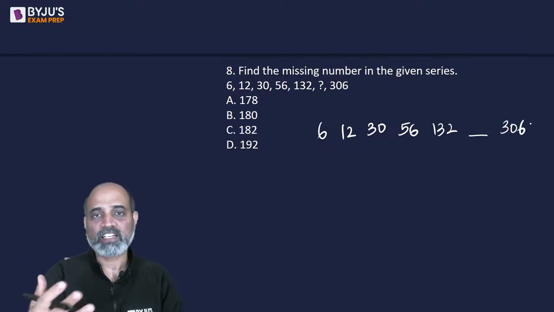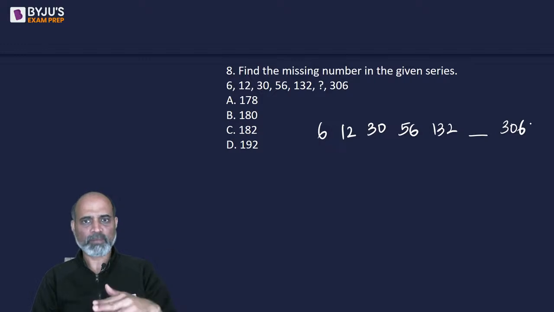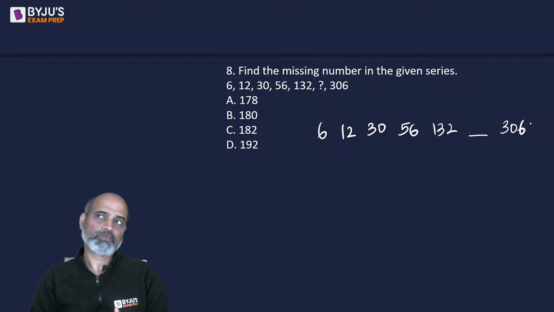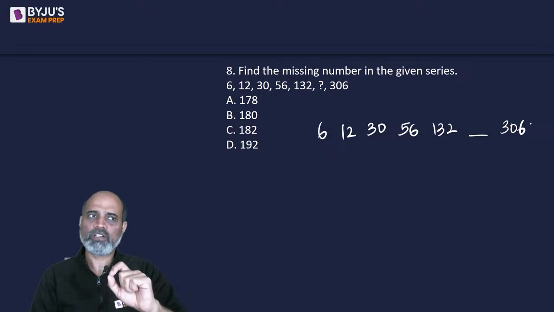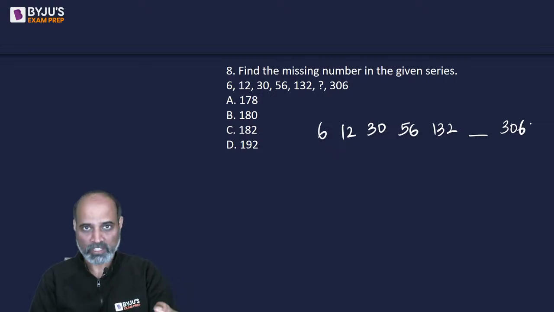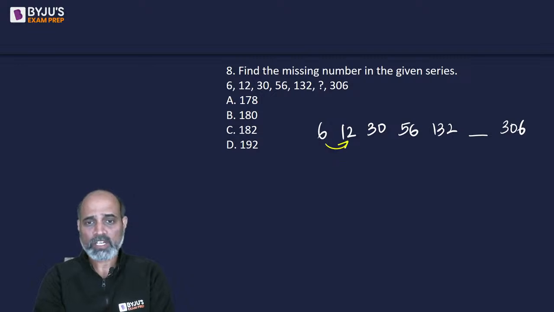So the first thing that comes to mind is double of 6 is 12, double of 12 is 24 plus 6, so 30. Double of 30 should be way more. How come it's 56? And it's not a question based on which term is wrong, it's rather which term is missing, right? So let's look at the differences.